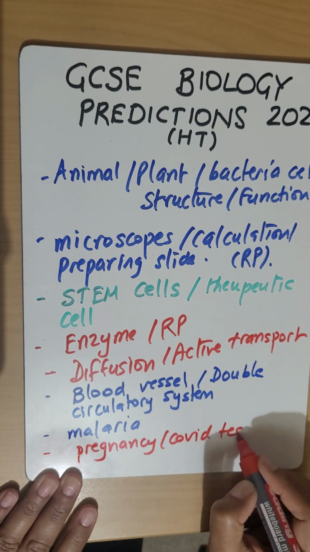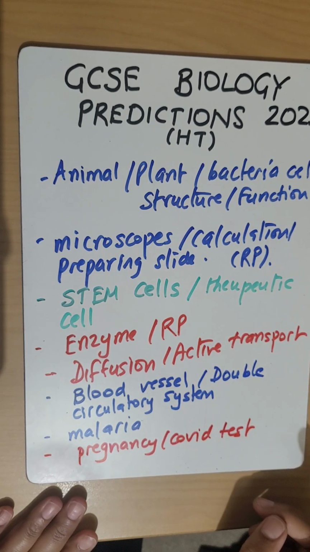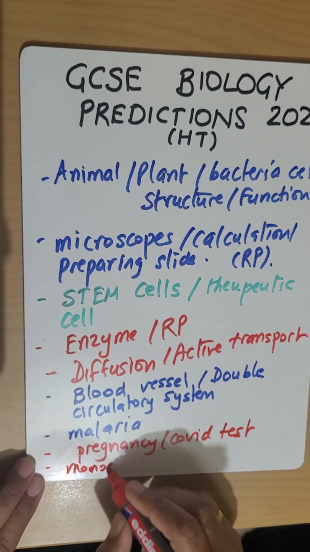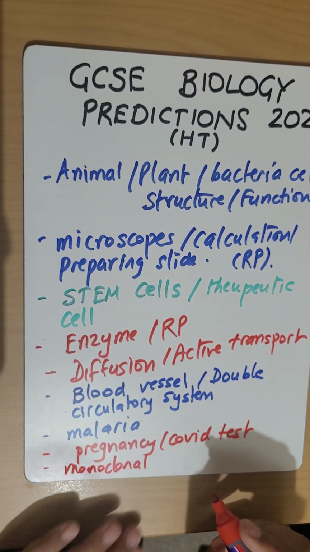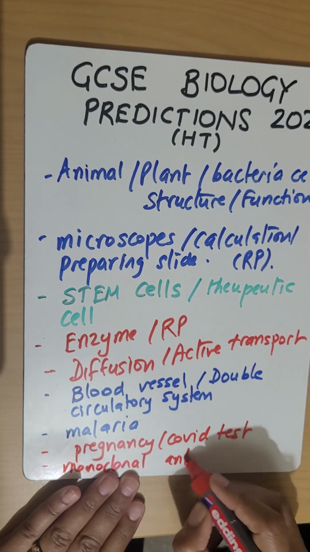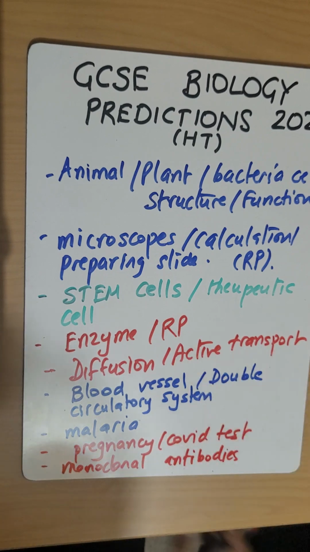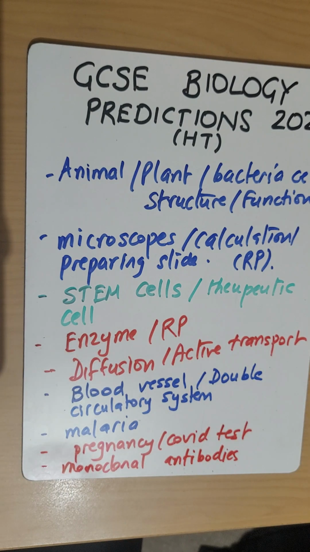How do they work? How do we use them? Monoclonal antibodies have not been in the exam. None of the communicable diseases have been in the exam so far, so any of them can come back.